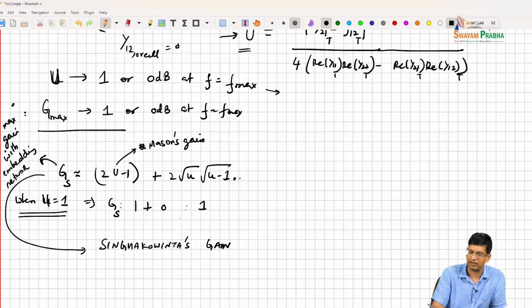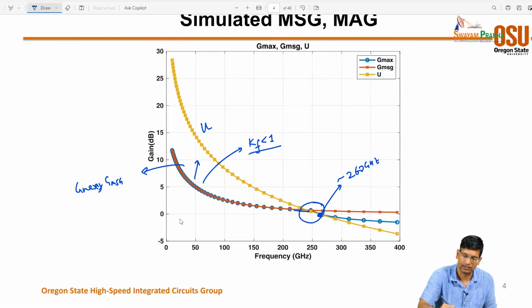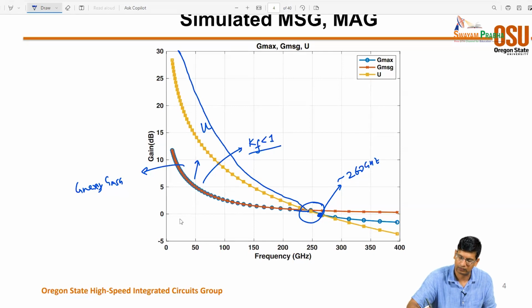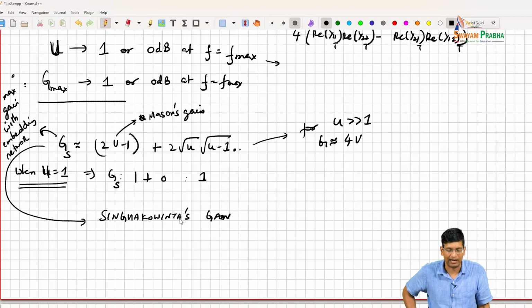When u is much, much greater than 1, g is approximately 4u. So if I go back to that curve, you'll get some number that is 6 dB higher, and then it basically comes down and crosses at the same point. Does this make sense?